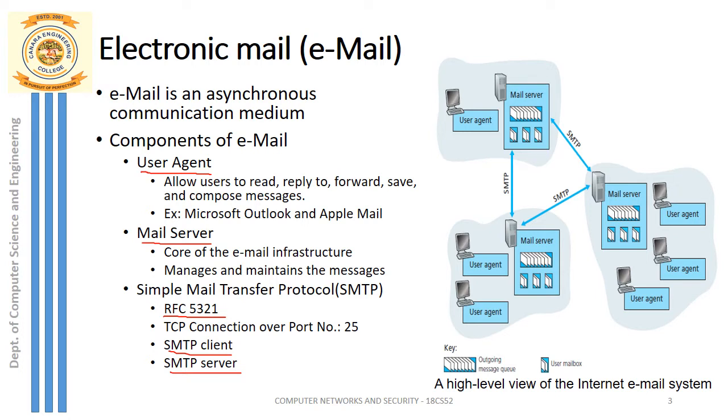The SMTP client and SMTP server are connected using a TCP connection over port number 25. We can say that Simple Mail Transfer Protocol is the main protocol used to transfer mail between mail servers.